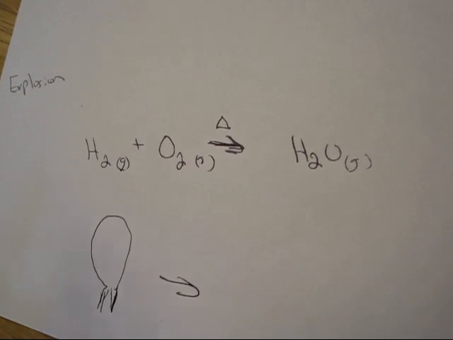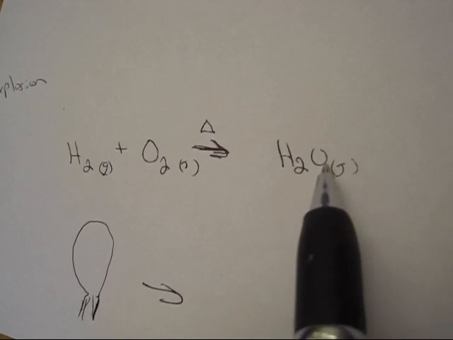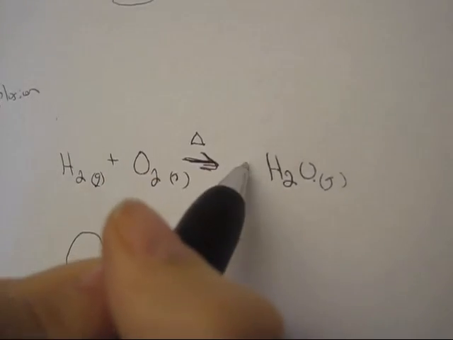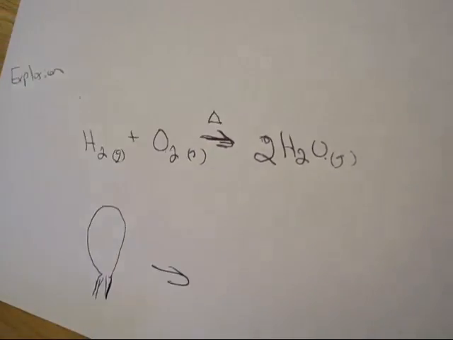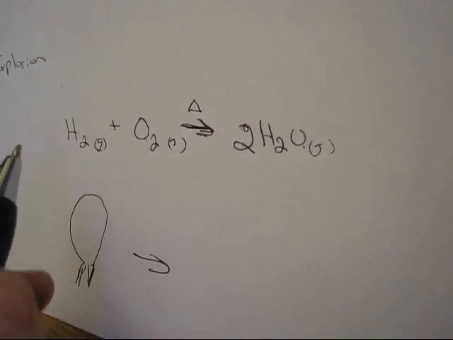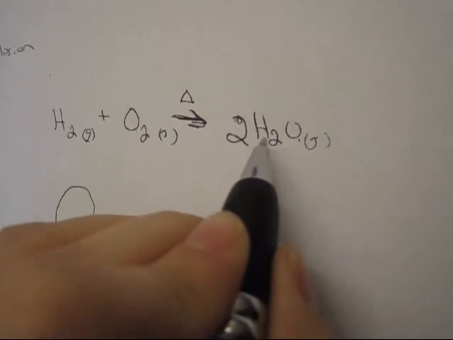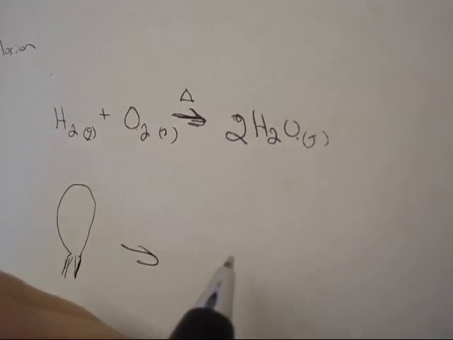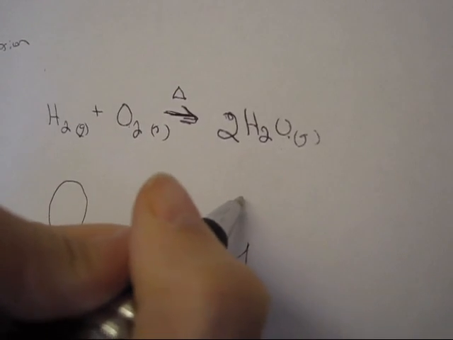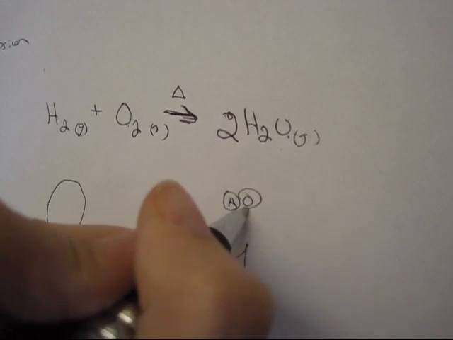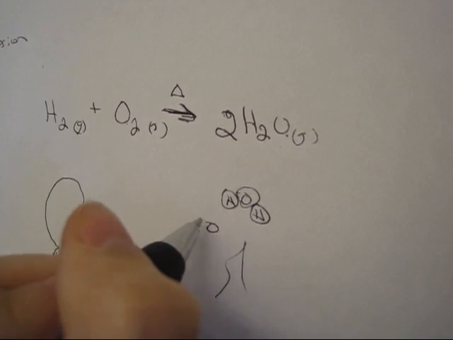Now this is not balanced. See if you can pause this and balance it. So we see we have 1 oxygen here and 2 here. So it probably means that we had enough oxygen to make 2 waters. So I've got 2 oxygens now. You can draw your flame however you want to draw the flame. Oxygen with my hydrogens, but I've got 2 now and they're gaseous.